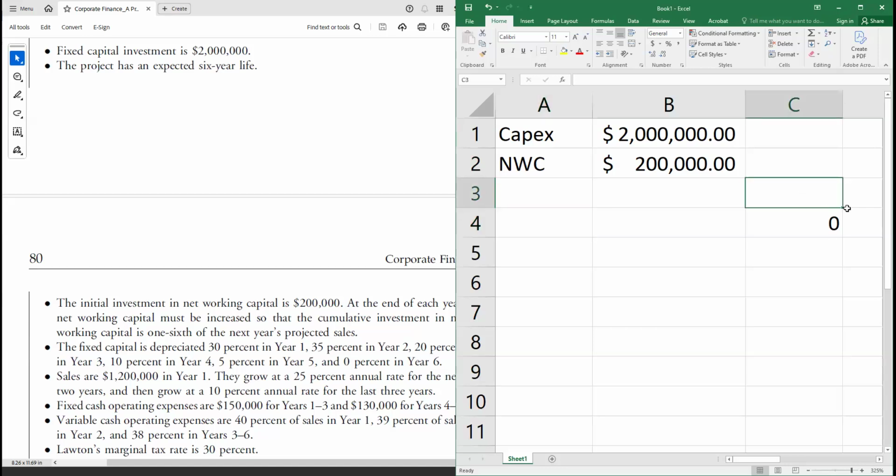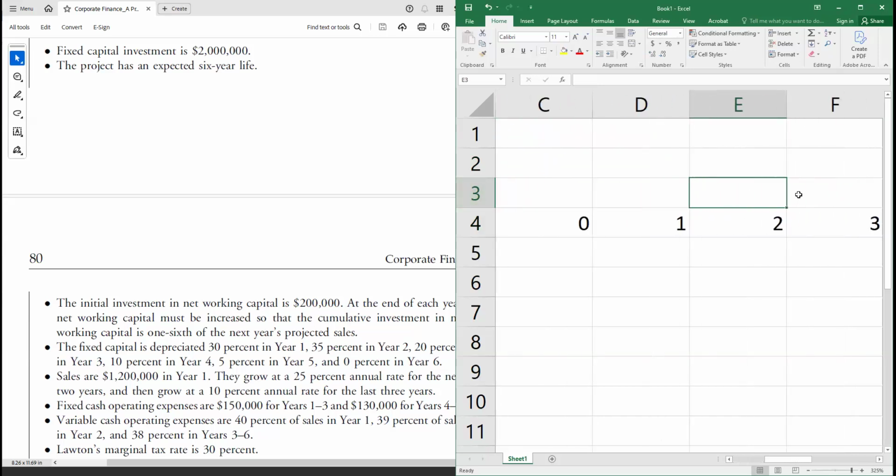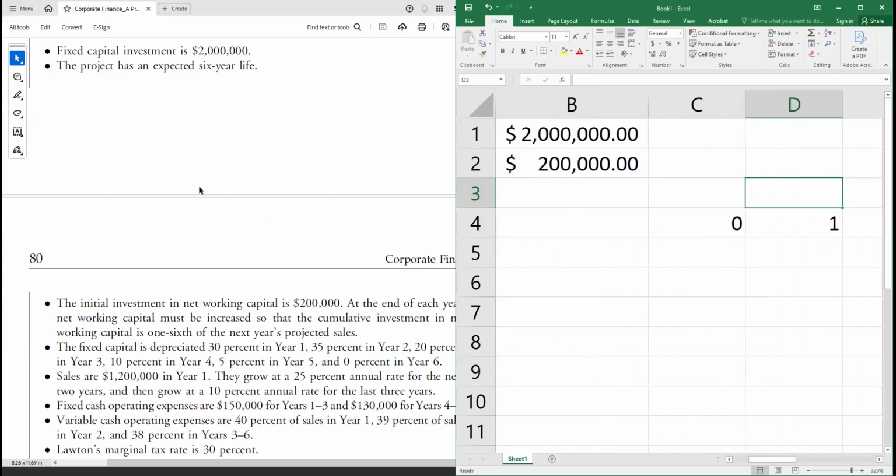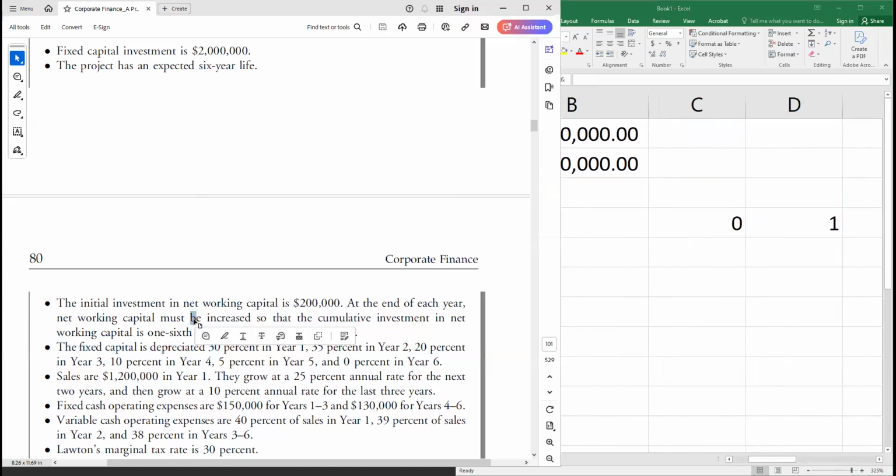And it says that net working capital every year is going to be changing. So I will put here the net for years 1, 2, 3, 4, 5, it will be changing. It will be increased as the next year's projected sales. It will be 1/6 of the next year's projected sales.